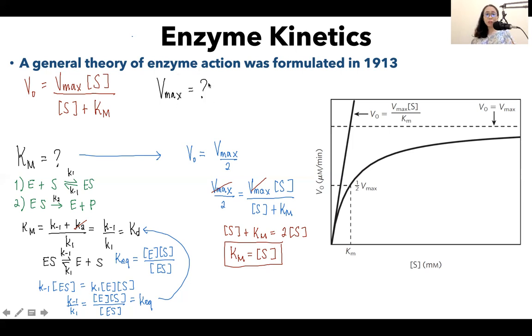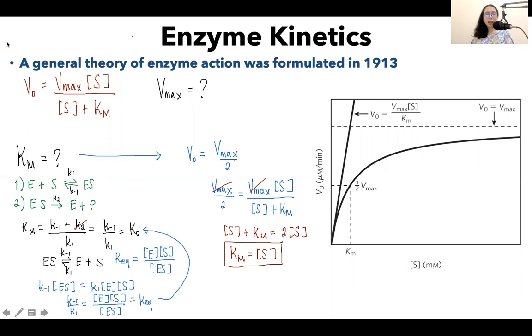Now, how about Vmax? Vmax again tells us the maximum initial velocity that an enzyme achieves on its substrate if the mechanism is the two-step one postulated by Menten and Michaelis. Now, if the enzyme doesn't follow the two-step mechanism, then it is a bit complicated because your Vmax is not accurate.